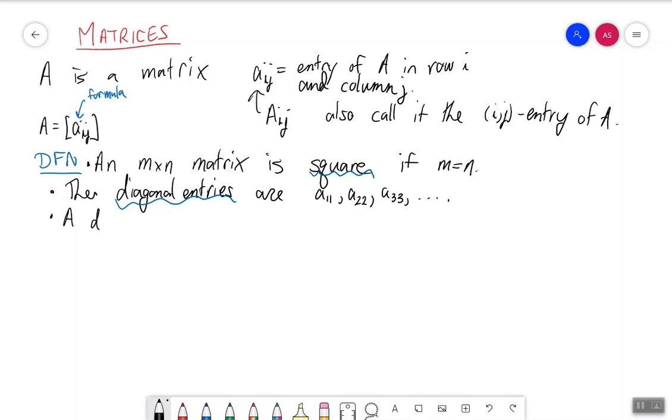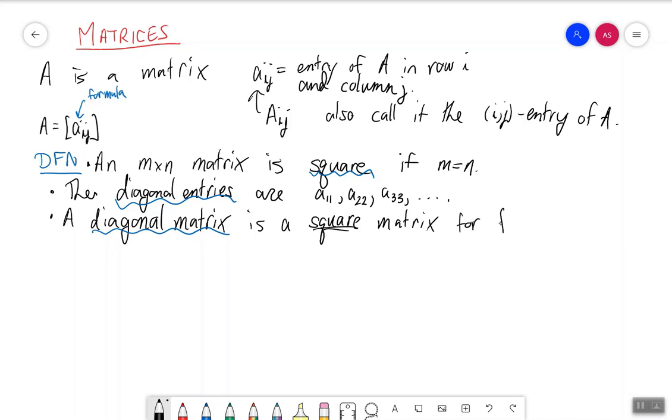A diagonal matrix is a square matrix, and that square is important, for which all non-diagonal entries are 0.